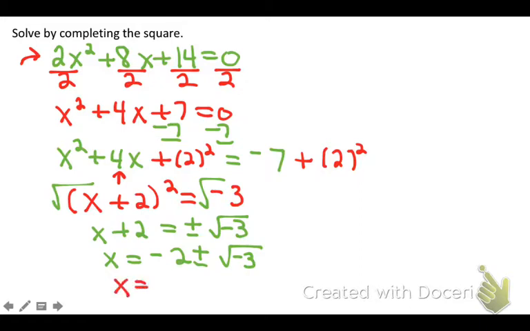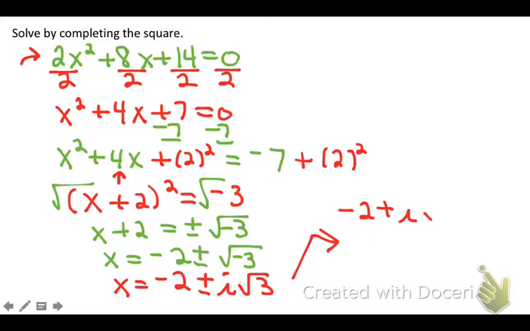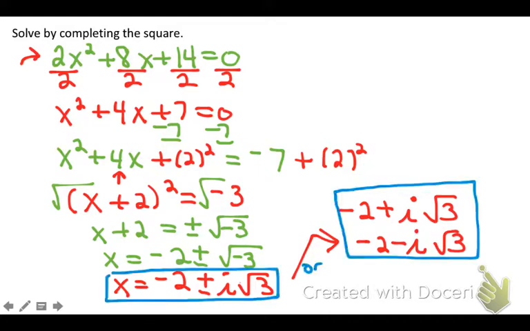So x equals -2 plus or minus i square root 3. We could leave it like that, or we could write -2 plus i square root 3, -2 minus i square root 3. Next, we'll write the quadratic function in vertex form.